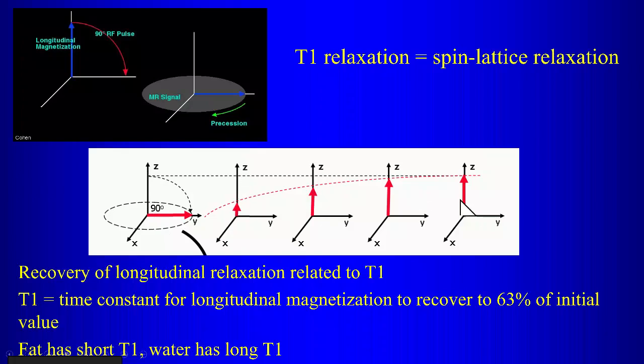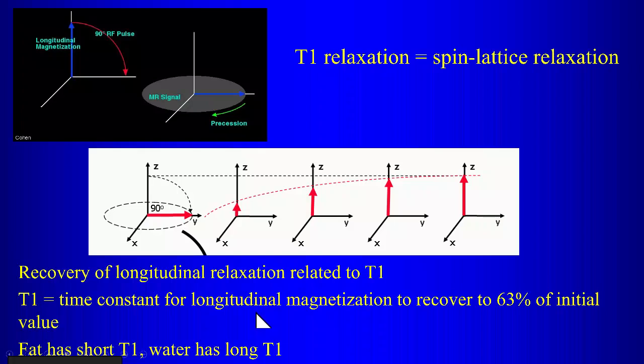It's going to go back to where it started. That recovery of the longitudinal magnetization is related to T1. That is what T1 describes. So T1 is the time constant for longitudinal magnetization to recover to 63% of its initial value.